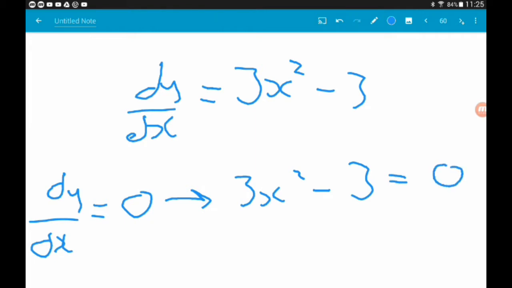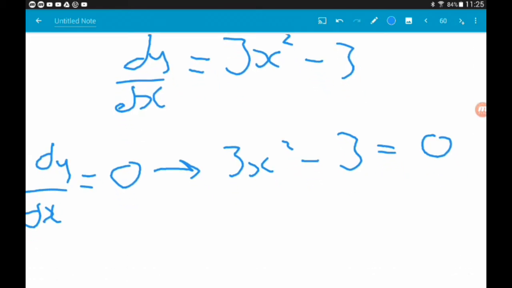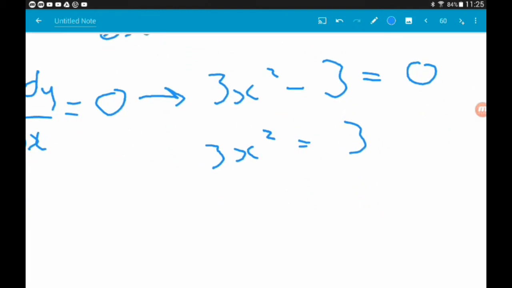And now we want to solve that for x. So add 3, 3x squared is equal to 3. Divide by 3. X squared is equal to 1.